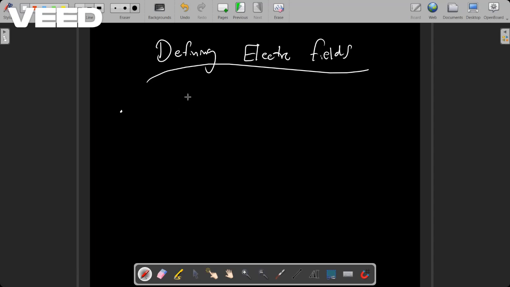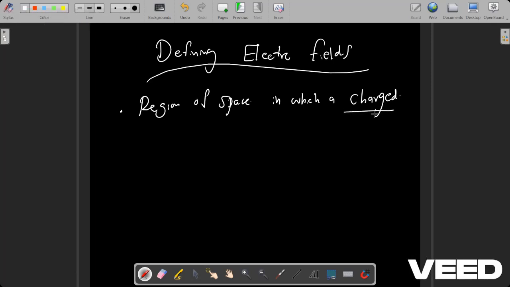So an electric field is defined as a region of space in which a charged particle experiences a force, right?